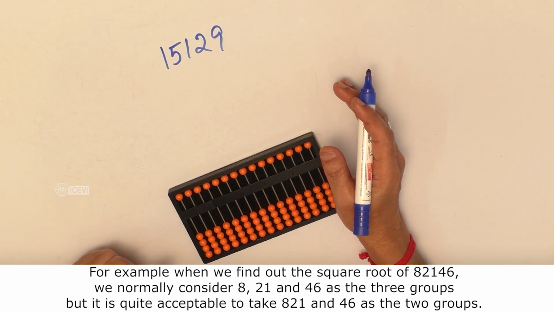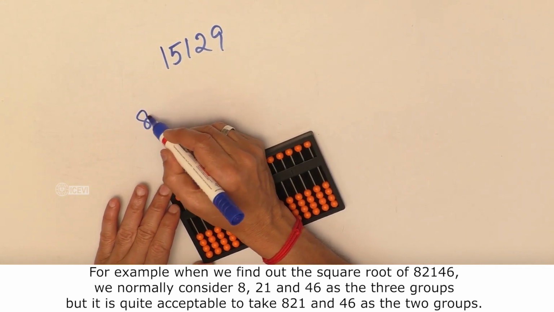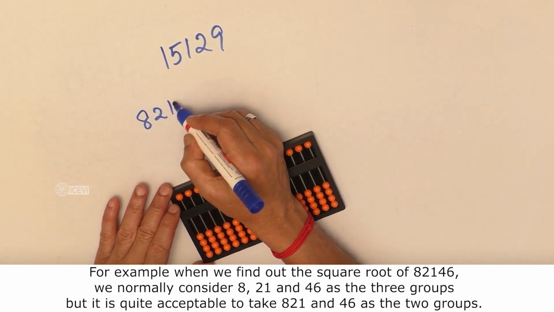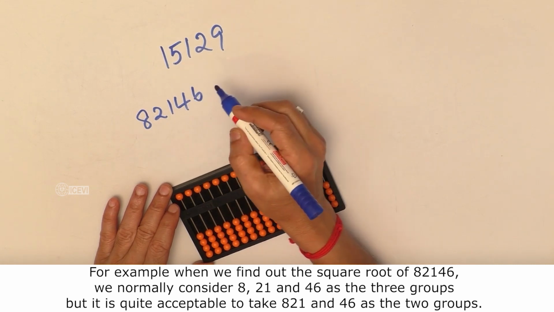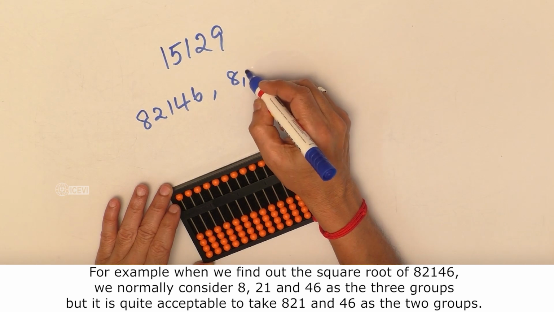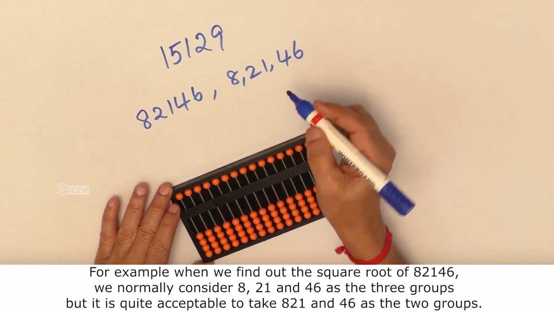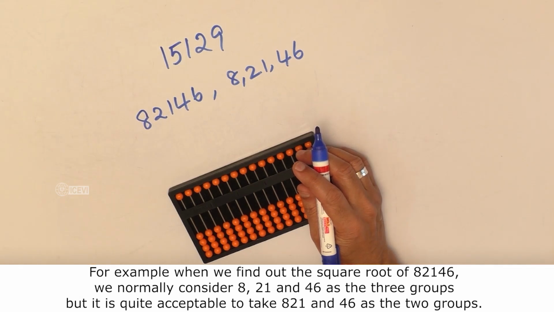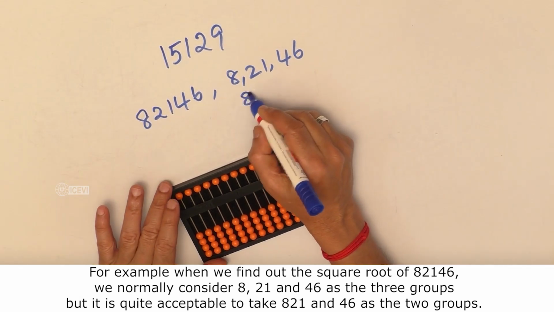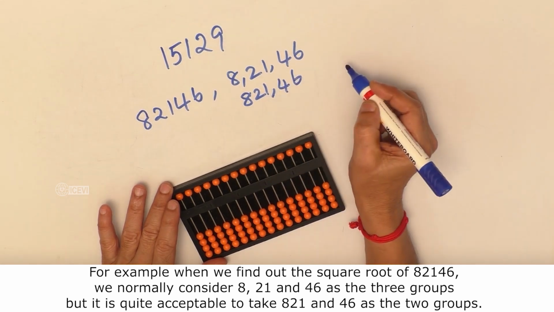For example, when we find out the square root of 82,146, we normally consider the groups as 8, 21 and 46. But it is quite acceptable to take 821 and 46 as the 2 groups.